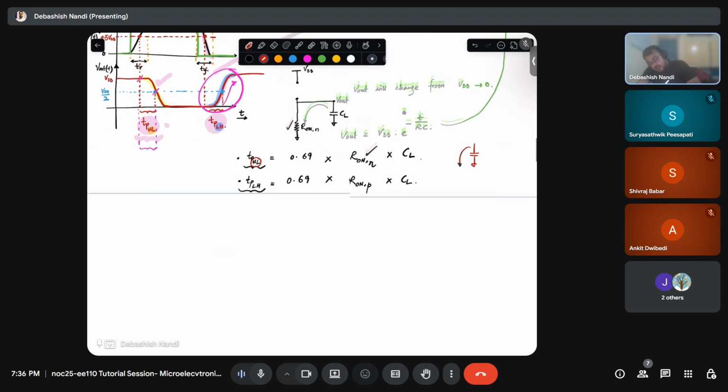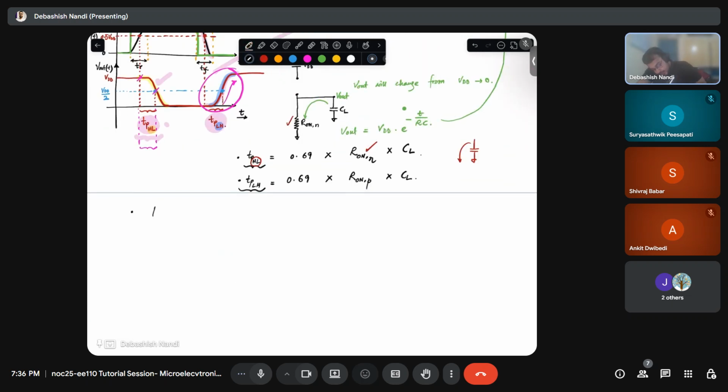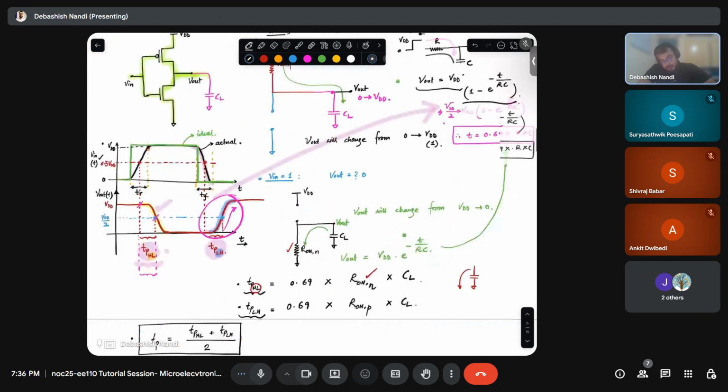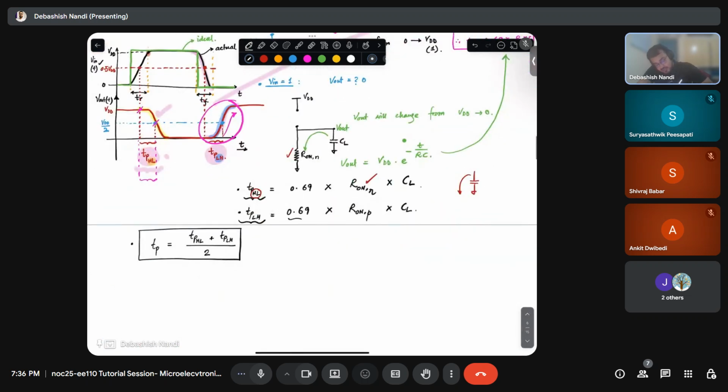The overall propagation delay, TP, is defined as TPHL plus TPLH divided by 2. It is the average value of the two propagation delays. From a delay point of view, this is what we got as the delay of the inverter.